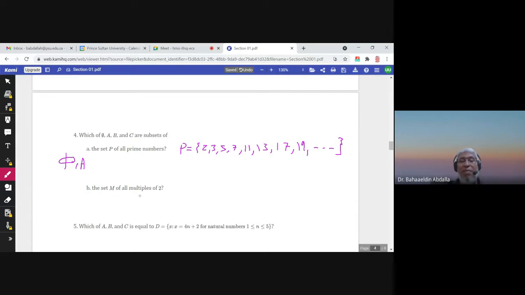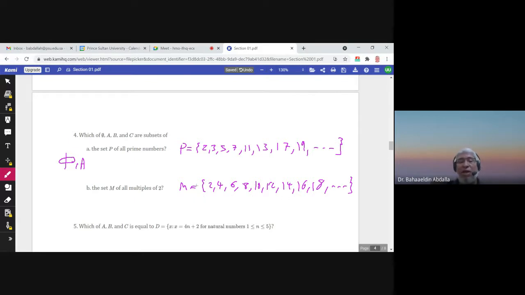The set M of all multiples of 2. The multiples of 2 are 2, and you multiply by 2: 4, 2 times 3 is 6, 2 times 4 is 8, 2 times 5 is 10, 12, 14, 16, 18. So you just multiply 2 by 1, by 2, by 3, by 4, by 5.